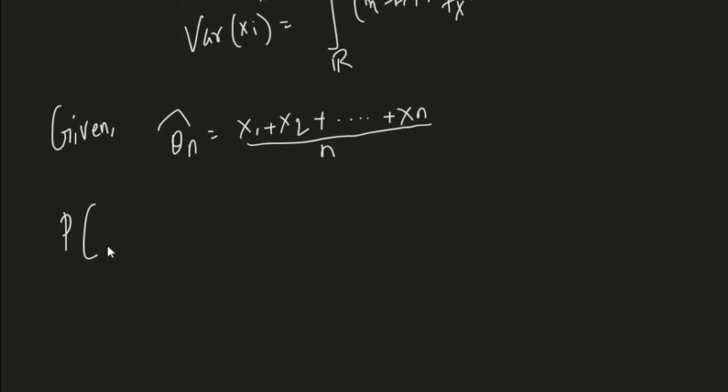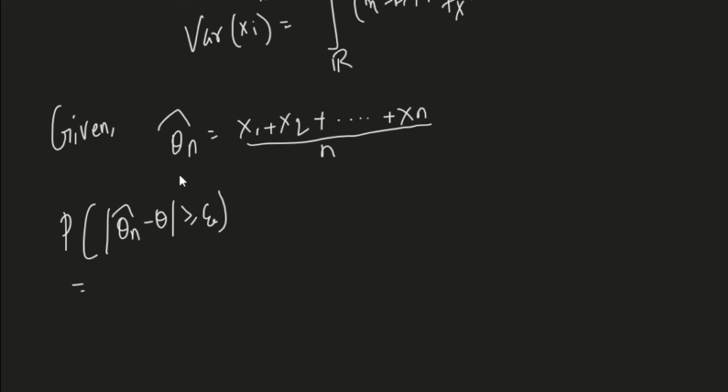So therefore we need to show the following. The probability that the absolute value of theta n cap minus theta is greater than or equal to epsilon is equal to, so what we do see here is that they have a common PDF and they can be treated as equals, right?